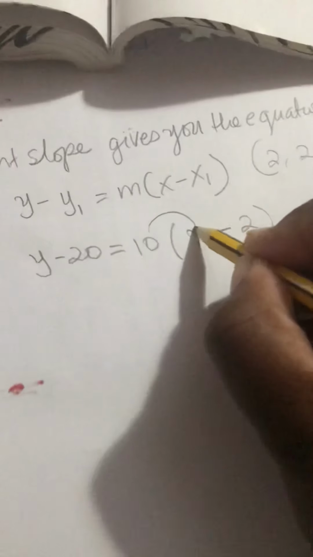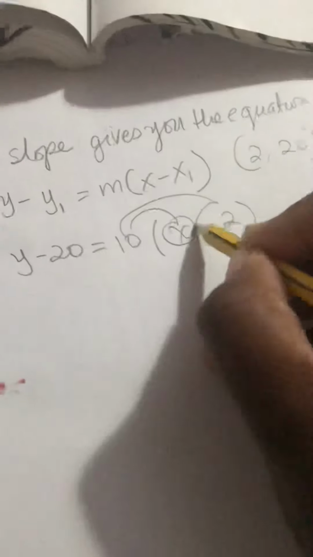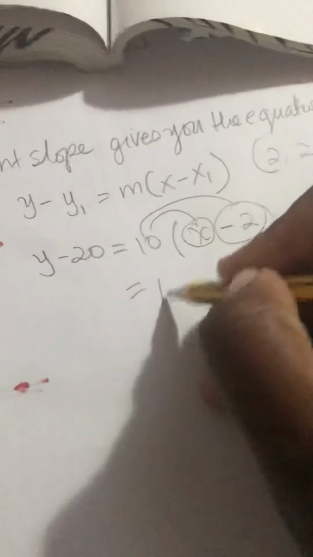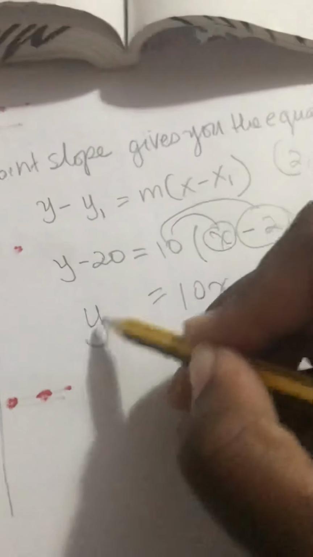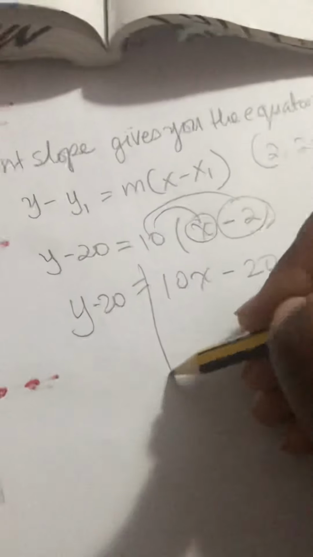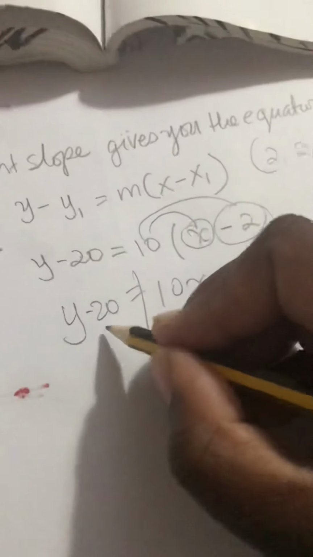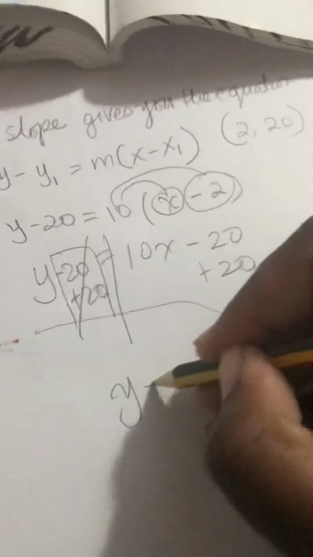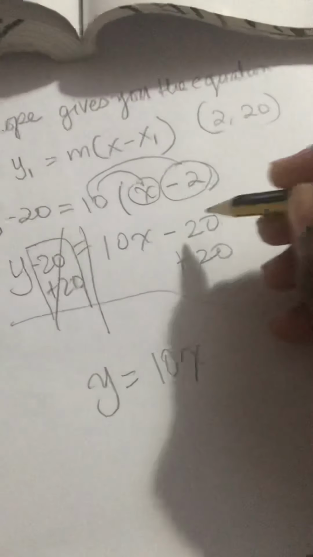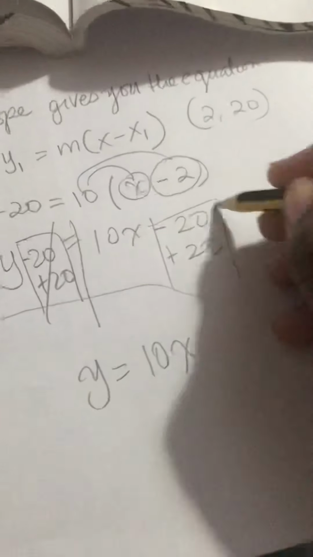I do the distributive property, which is 10x minus 20. And this is y minus 20. I want y by itself, so plus 20, plus 20.